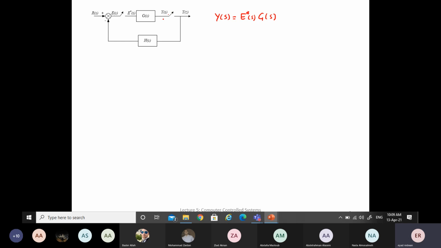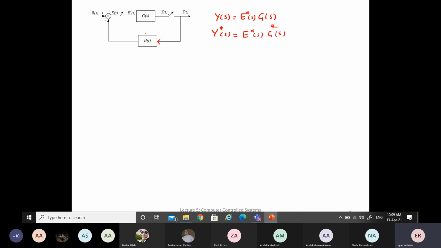So the signal that comes from this is Y star of S, which comes from here and feeds back. Notice Y star of S is equal to E star of S times G of S star. This is the signal entering the block H of S.